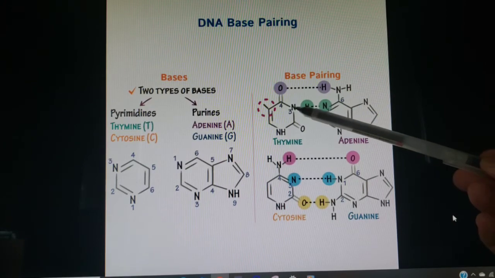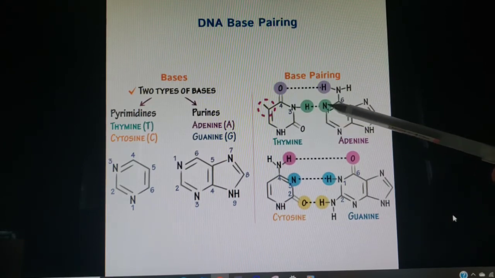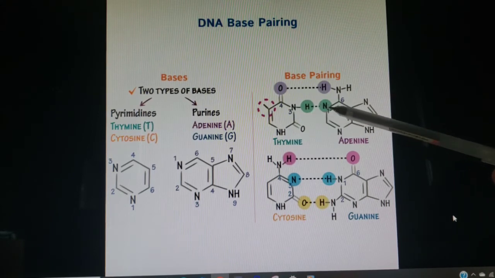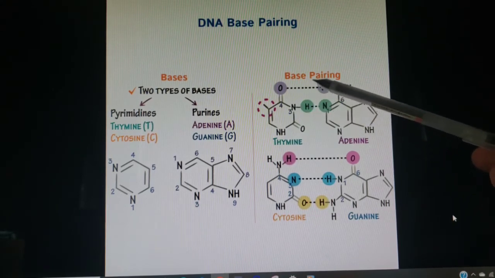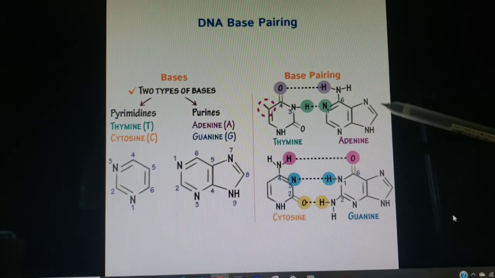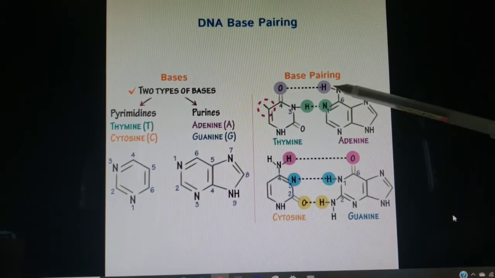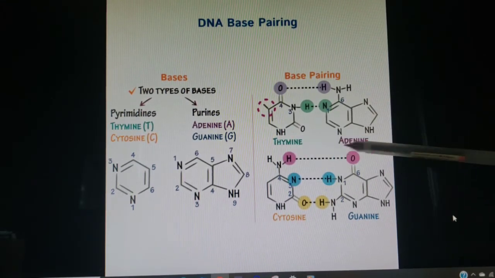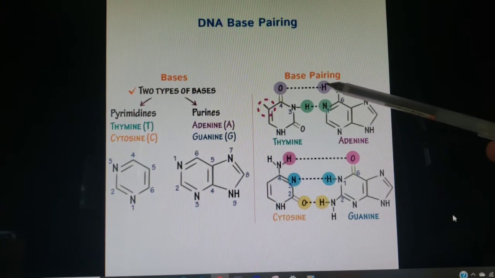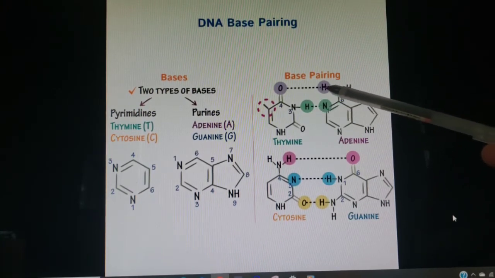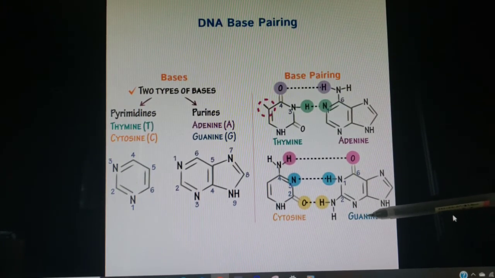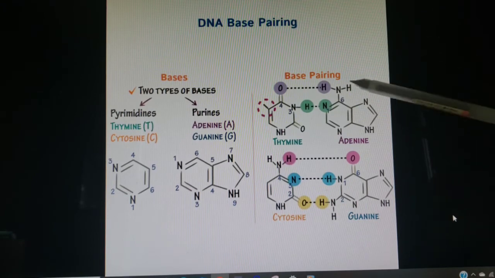And when you put something that is capable of giving and receiving a hydrogen bond in close proximity, those molecules stick to each other. A and T, adenine and thymine, stick together with 2 hydrogen bonds, and cytosine and guanine stick together with 3 hydrogen bonds.